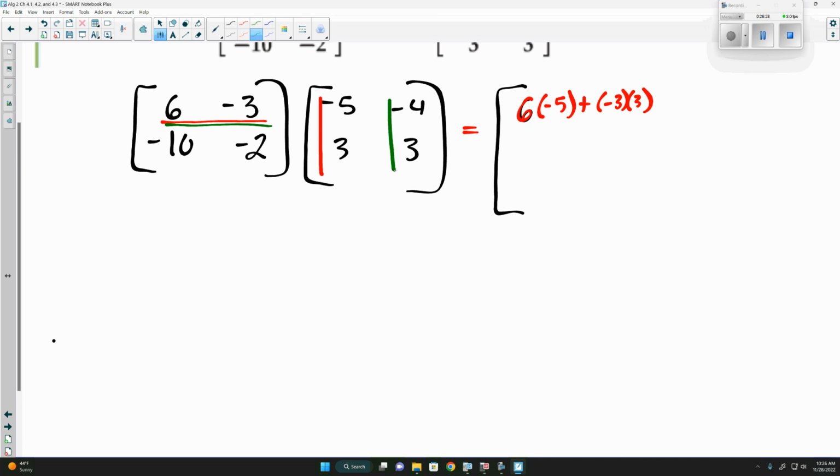So we'll have 6 times -4 plus -3 times 3. Any questions on how we got the first row of our multiplied matrix? Are we good with this here?